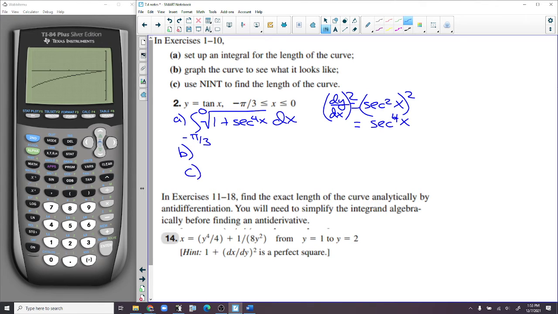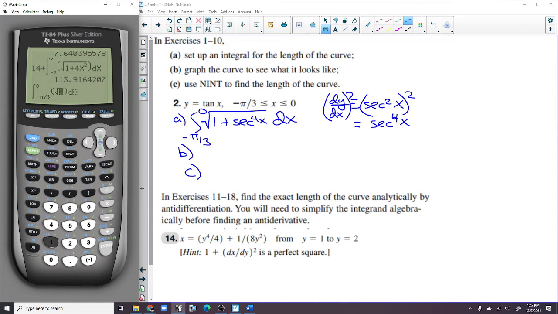Letter C says find the actual length. So we're going to quit out of this and go math number 9 from -pi divided by 3 to 0. I can just do the square root of 1 plus secant to the 4th, which is 1 divided by cosine of x to the 4th.